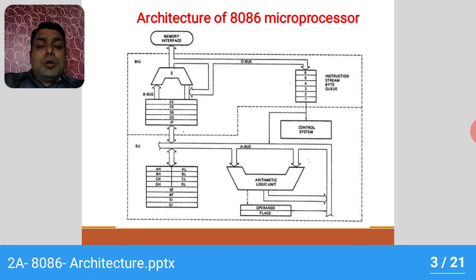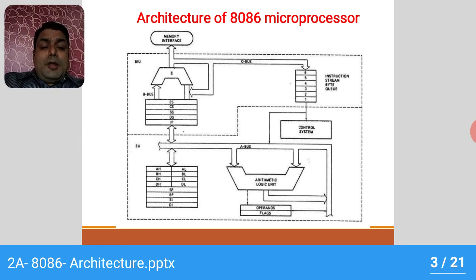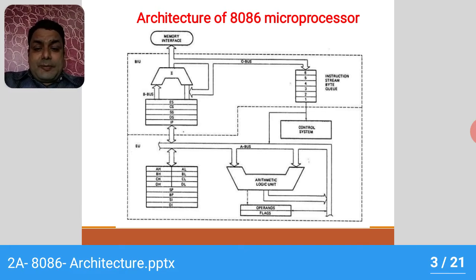Now coming to general data registers, these are the 16-bit registers AX, BX, CX, and DX. AX is used as a 16-bit accumulator. The lower 8 bits are designated as AL and the higher 8 bits as AH. AL can be used as an 8-bit accumulator for 8-bit operations.